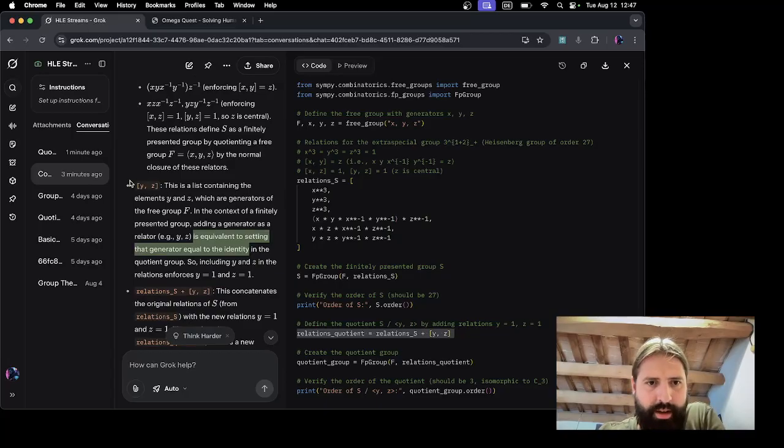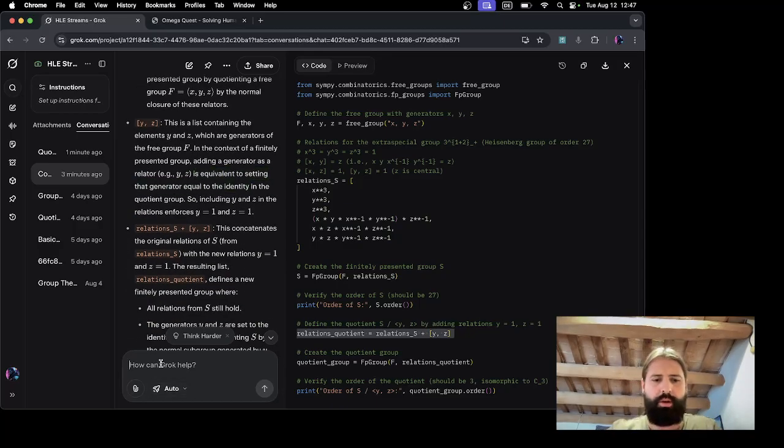So if you add the generators as a relator, what is a relator in that context?